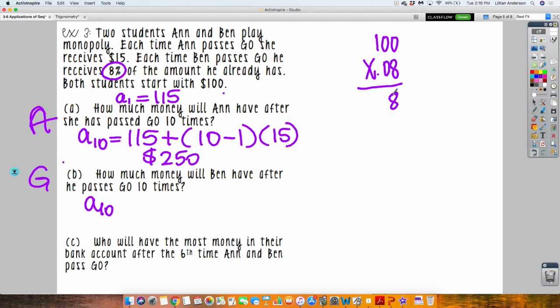And then adding that. Does anybody know the shortcut? How to get straight to 108? Does anybody know that shortcut? Yes?